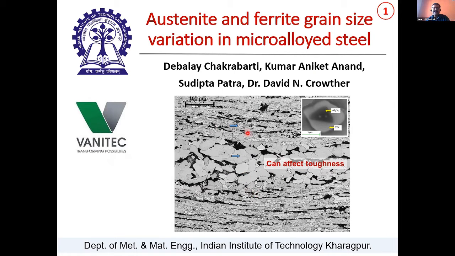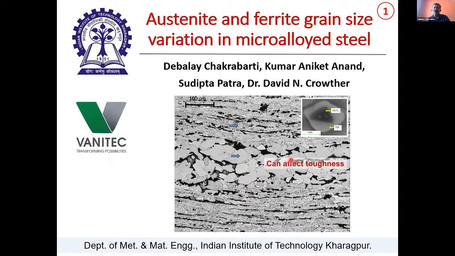So what happens is, if there is such a coarse grain size in between the fine grains, this kind of mixed grain structure is often found in structural and line pipe steels, particularly those which contain elements like niobium and, to a certain extent, titanium. These can be very detrimental for properties. You may find in the literature that the presence of very coarse grains in between fine grains has been reported.